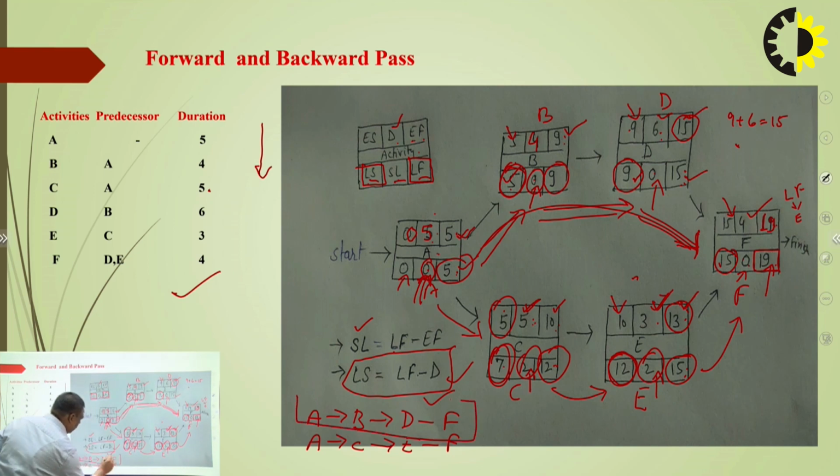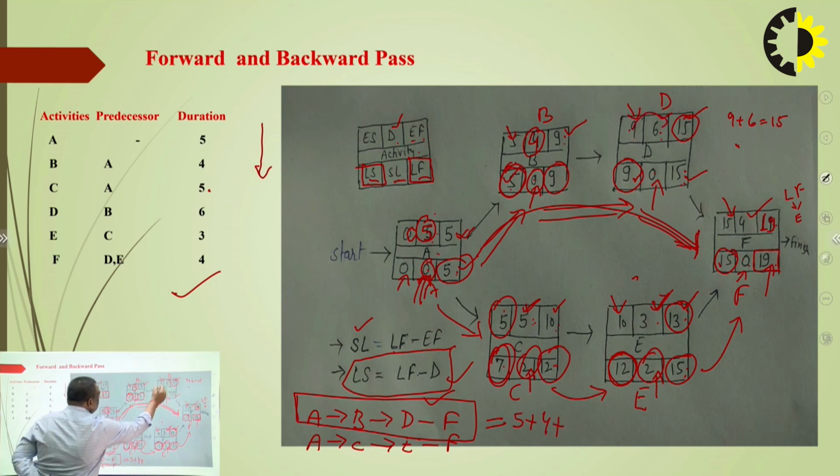This is the critical path, and the total time taken for project completion is this duration 5, plus 4, plus 6, plus this one, 4. So 9, 15 and 19 months. So 19 months is the total duration of the completion.